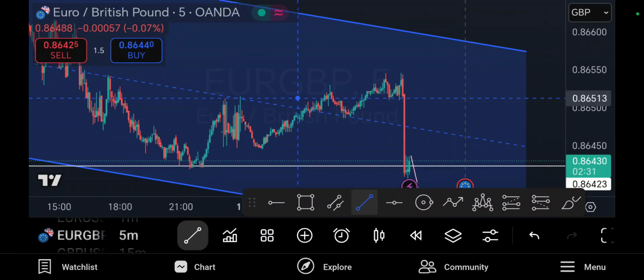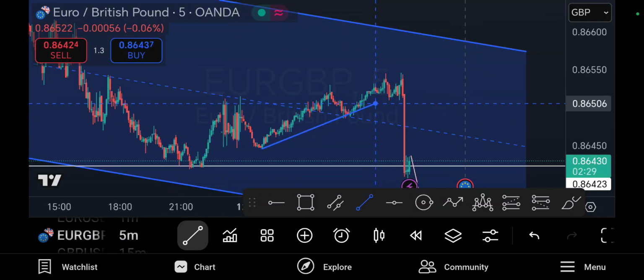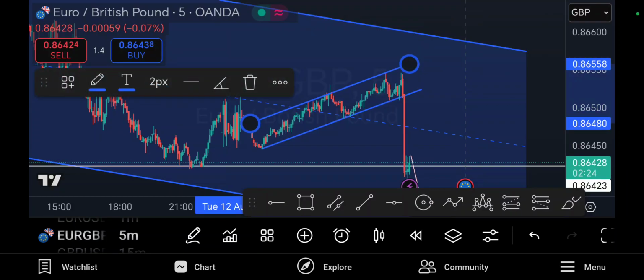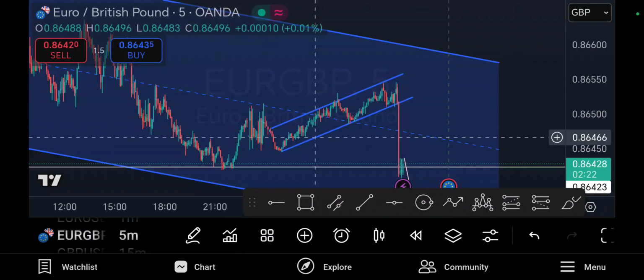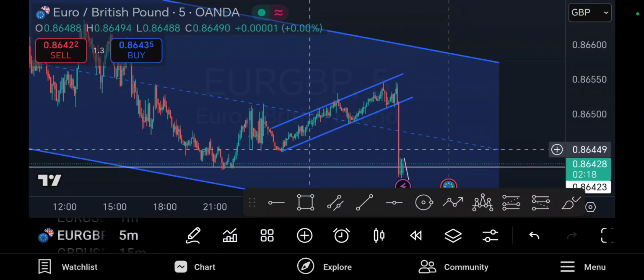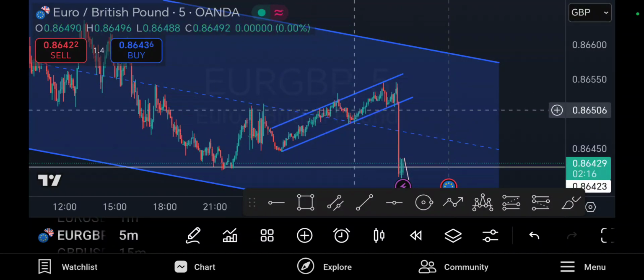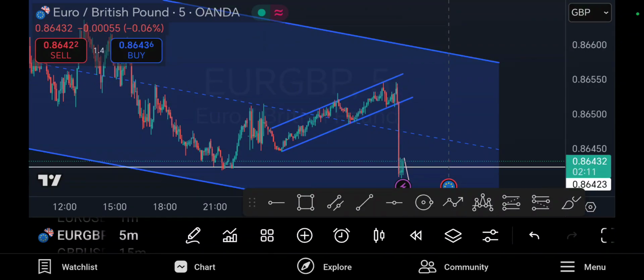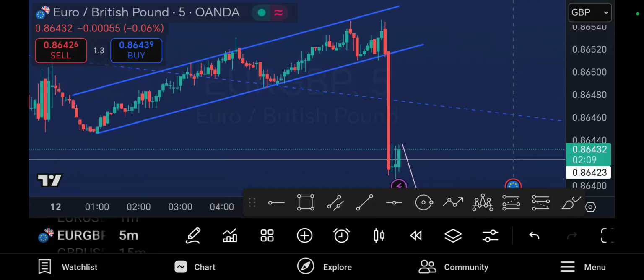That's our Euro GBP pair. I told you, do not sleep on this pattern. It came from the bottom side, consolidated to the upside, dropped. As simple as that.